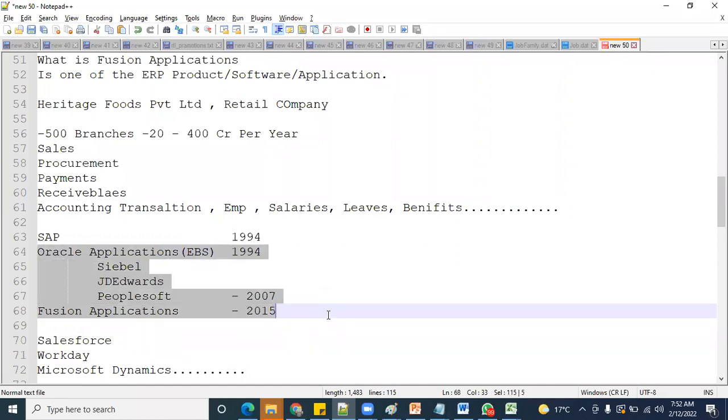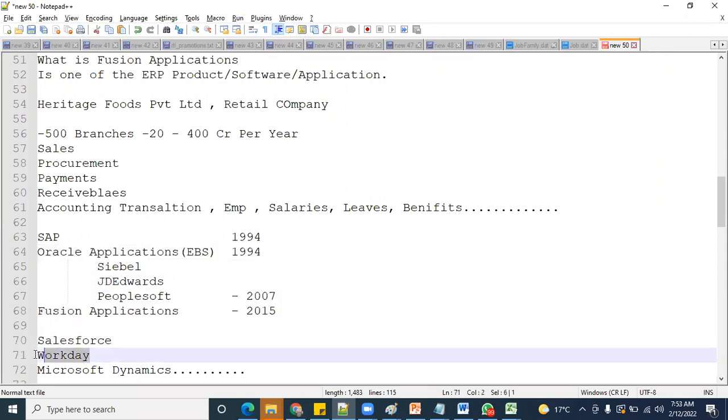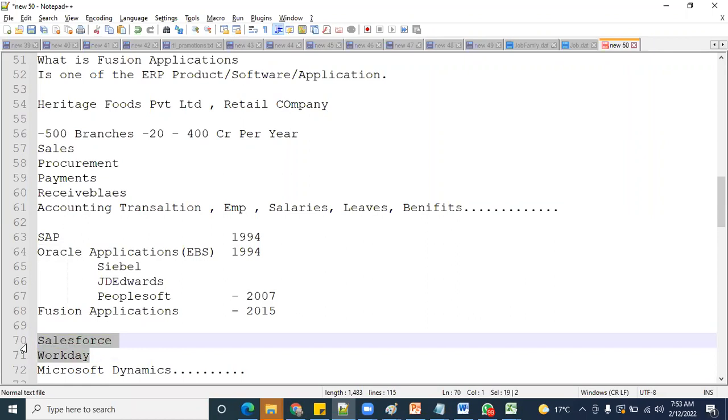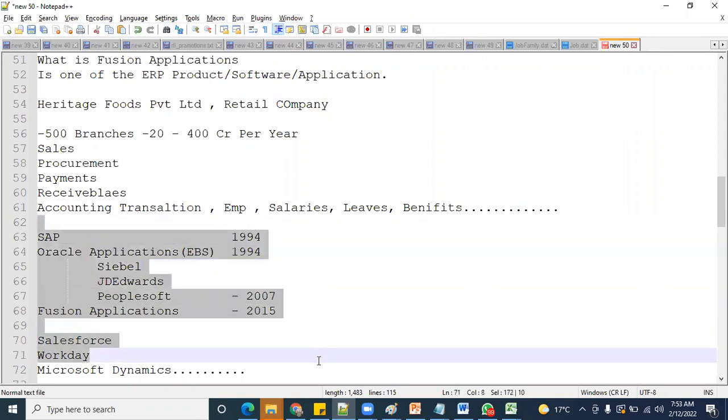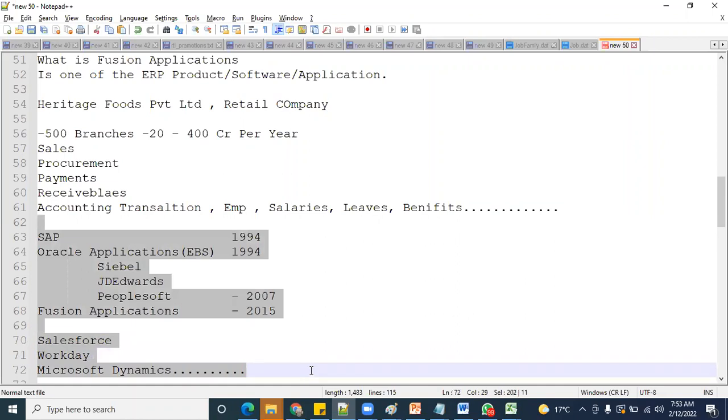Then Salesforce Cloud is there, Workday is there, but these two are small, not much. They don't have much functionality. For example, if a manufacturing client says I want to maintain my accounts information, then all these people say yes, we have that facility. I want to maintain my sales data, yes, we have.